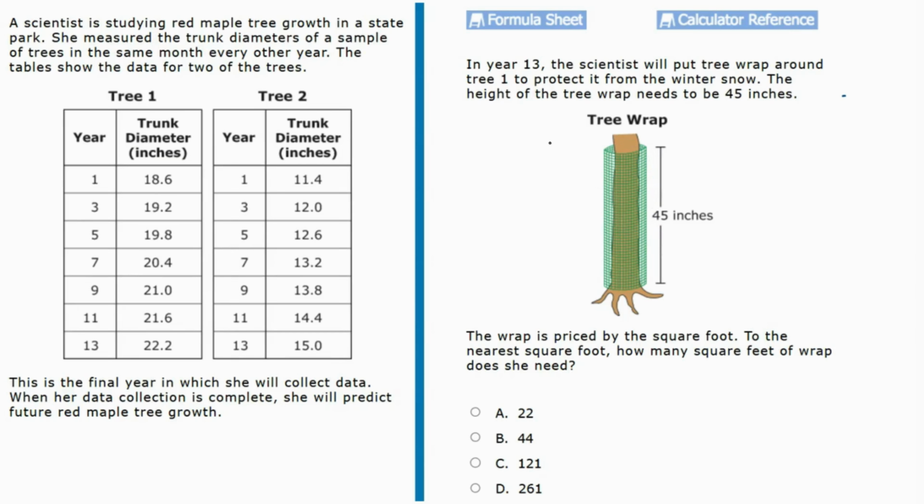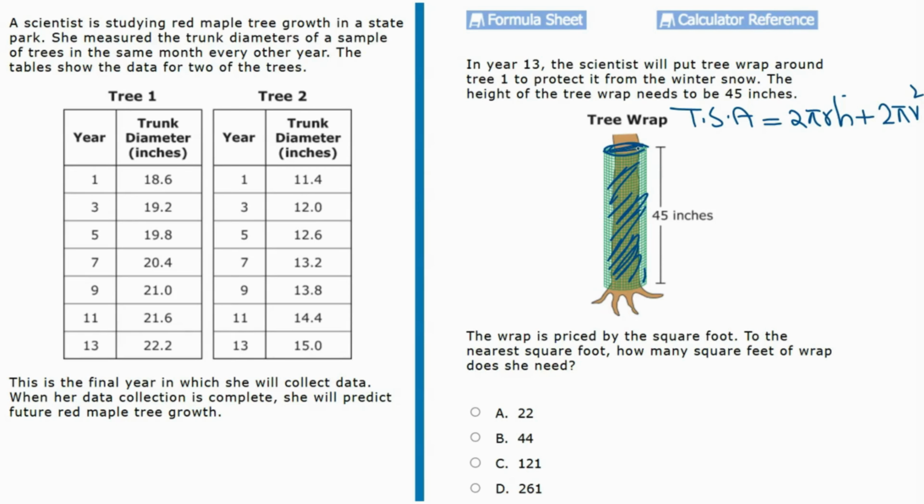So just write down the total surface area of a cylinder. That is going to be 2 pi RH plus 2 pi R square. But here we just have to find out the area of this part. We don't have to find the circles because it is not a closed cylinder.